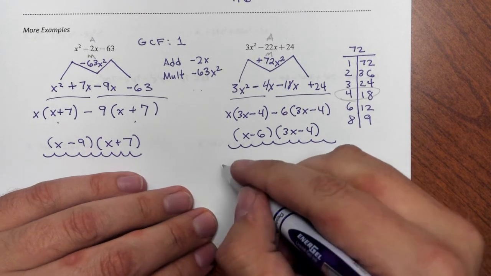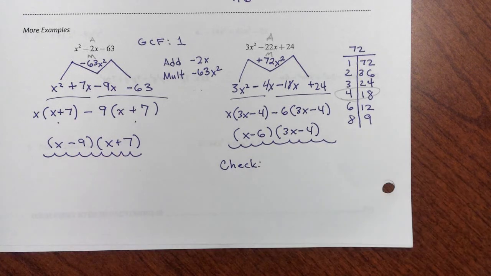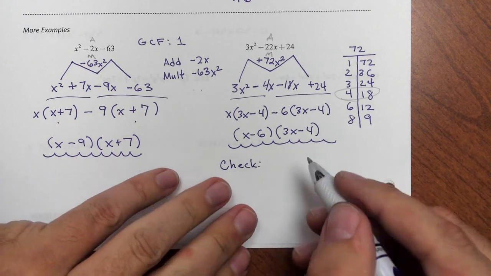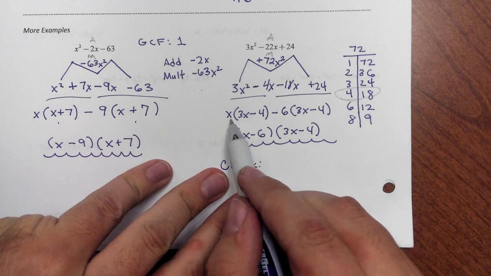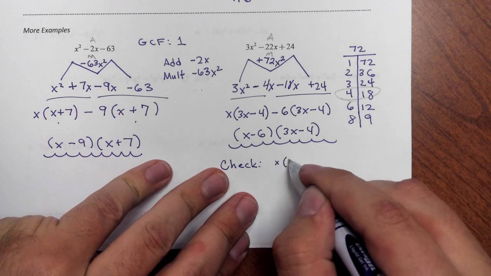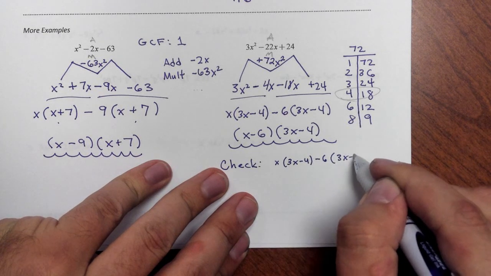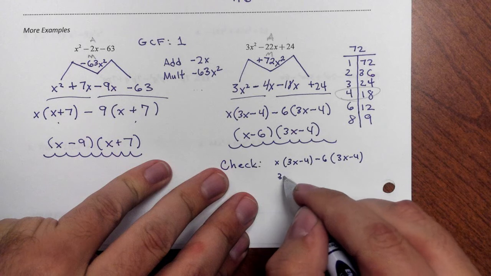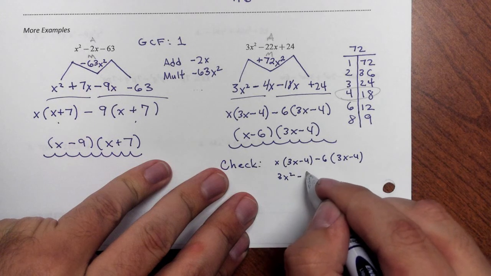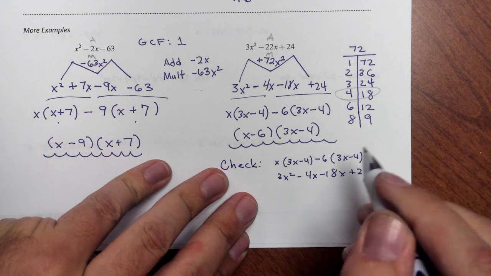And I can check by multiplying out in some fashion, whether that be FOIL or using your little box or just split it up and distribute. But the idea is right there, that is the splitting it up and distributing. If you want to check, you can. X times 3x minus 4 minus 6 times 3x minus 4 is 3x squared minus 4x minus 18x plus 24.